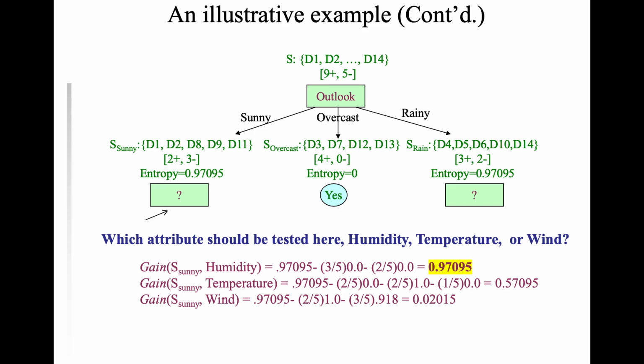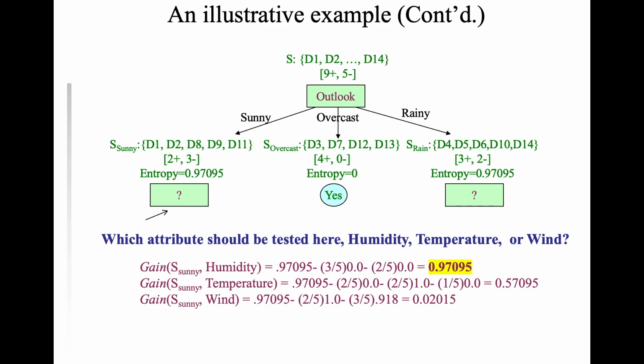What about this one? The same procedure. We have to calculate the information gain for the outlook rainy, right? For S rainy. So Gain(S rainy), and the same features, right?